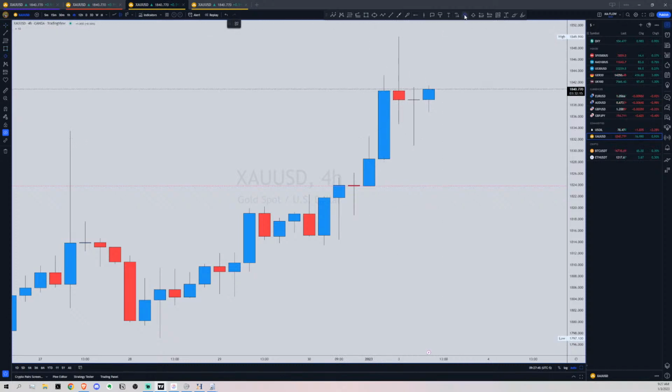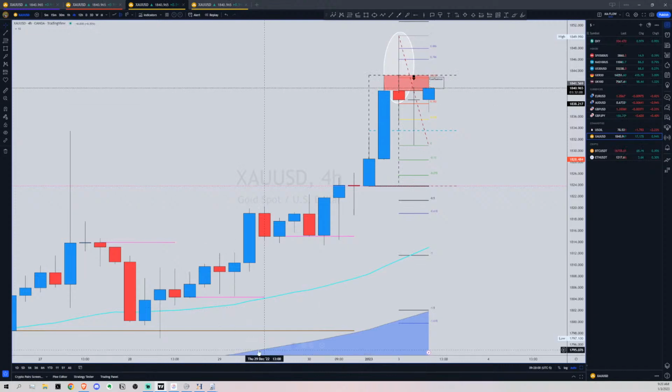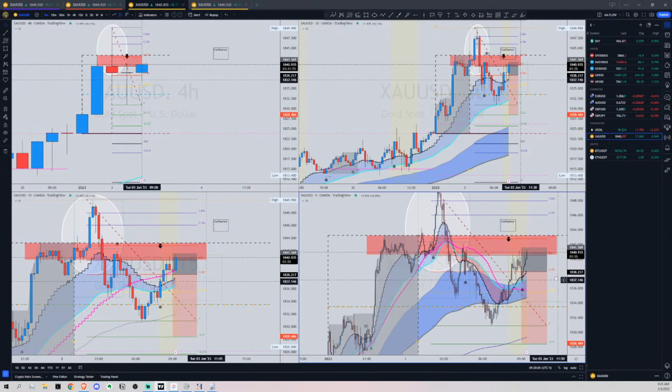Buyers pushed price up so strong that the sellers that were here at the beginning of London are no longer here, or they're waiting.